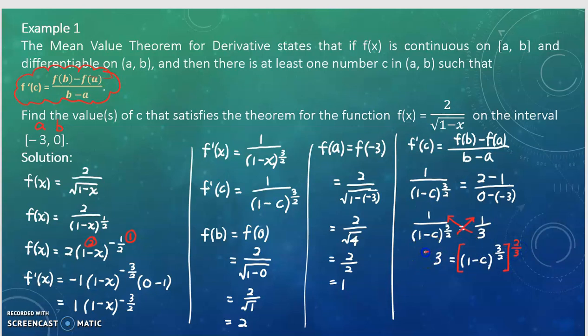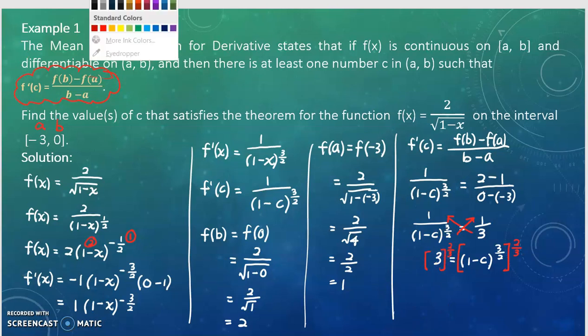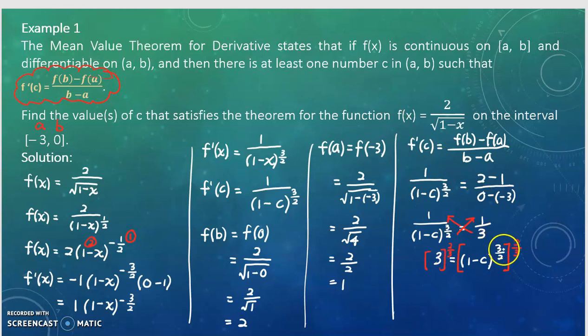Same for the left-hand side, I will raise 3 to the power of 2 over 3. On the right, the powers cancel out, so what I have is 1 minus c equal to 3 to the power of 2 over 3. You can use your calculator: 3 to the power of 2 over 3 is equal to 2.08.